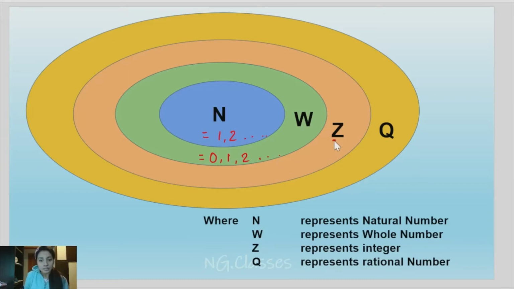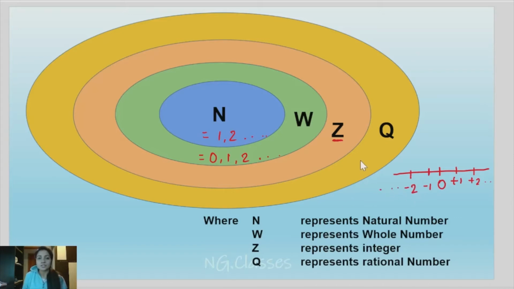What about integers? Integers we usually represent on a number line, where 0 is the midpoint, and on the right hand side it will be increasing like positive 1, positive 2 and so on. And on the left hand side it will be decreasing like negative 1, negative 2 and so on.